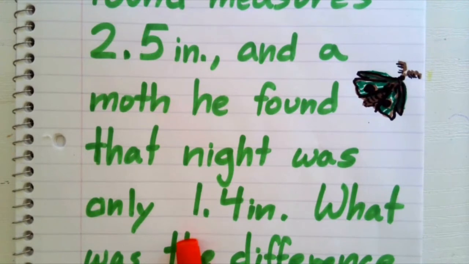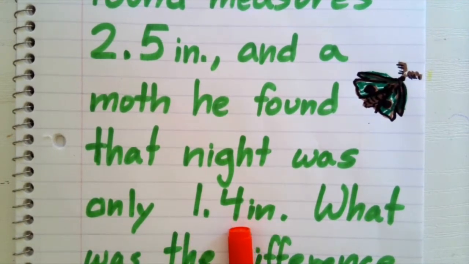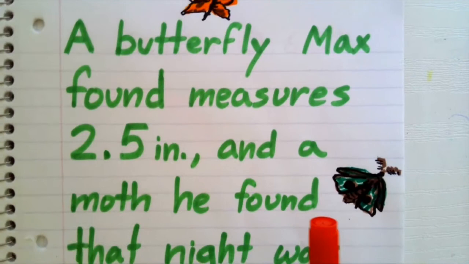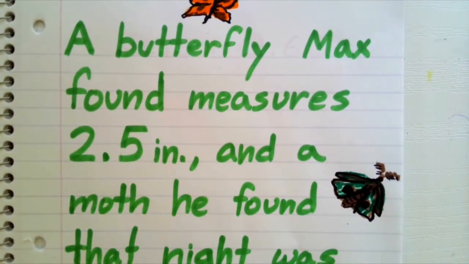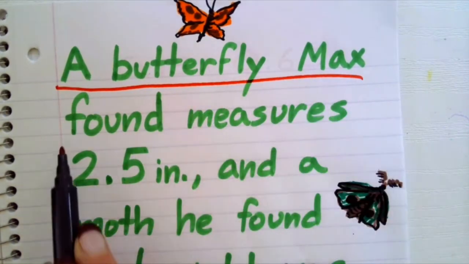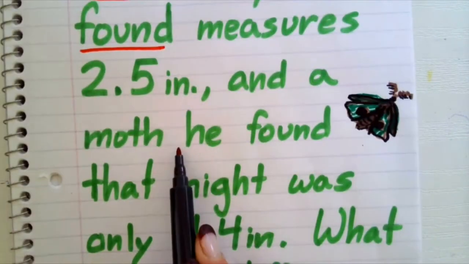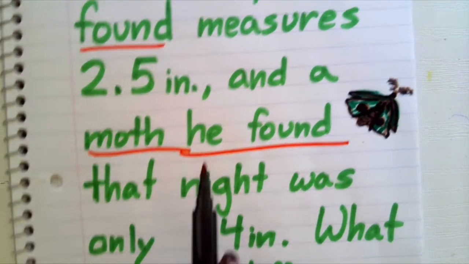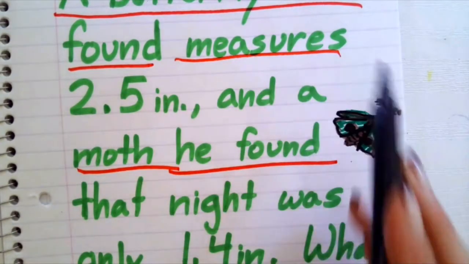How do we say this amount? 1 and 4 tenths of an inch. So he is measuring how big these insects are. Let's underline what is happening here. He found a butterfly, he found a moth, and he is measuring them.